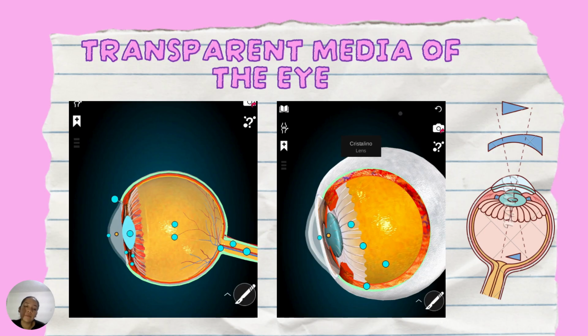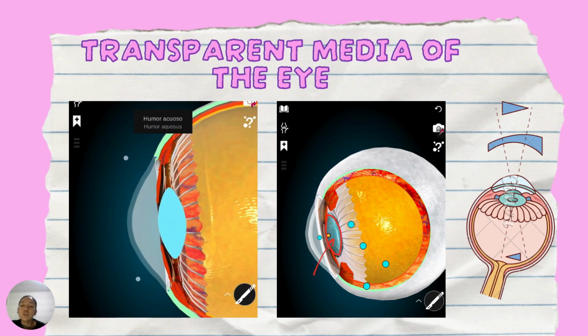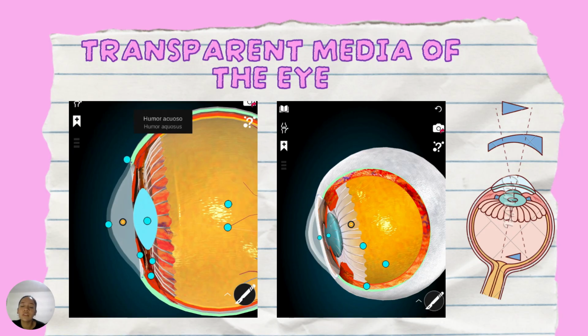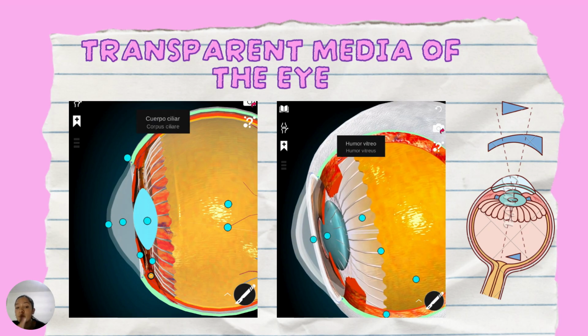Then we have what is called the transparent media of the eye, that is essential for vision to occur. The light must pass through several transparent structures that I am going to show you. The first one is the aqueous humor, that is a clear fluid produced by the ciliary body, that is the gray part in the video.